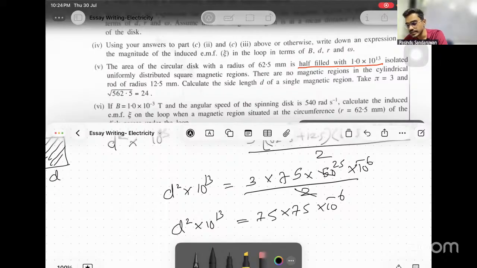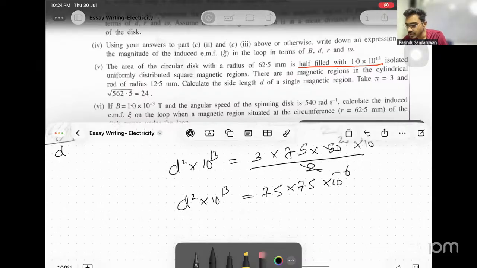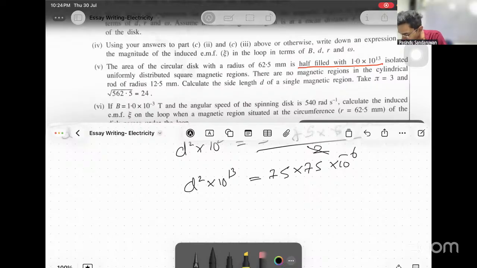Check the value of 75 times 75. I guess it should be the given value. Yes, that is exactly it, 5625. So d squared times 10 to the power 13 equals 5625 times 10 to the power minus 6.